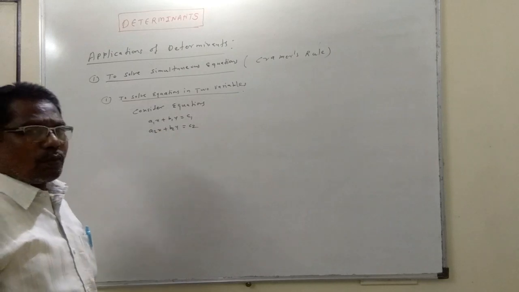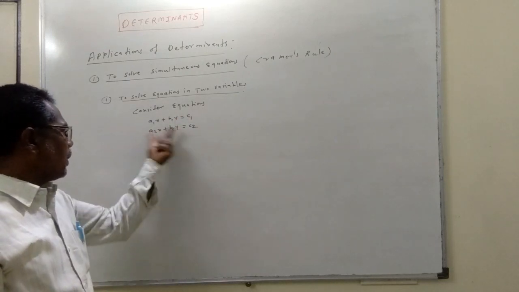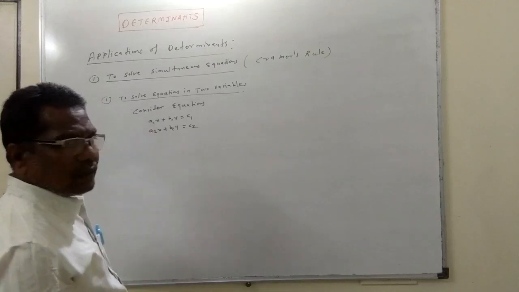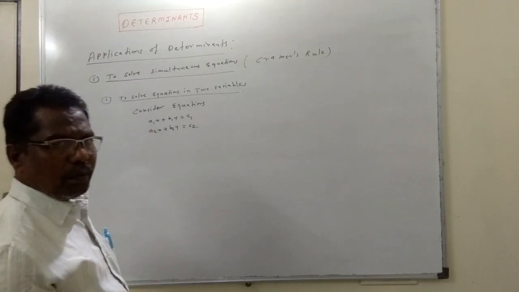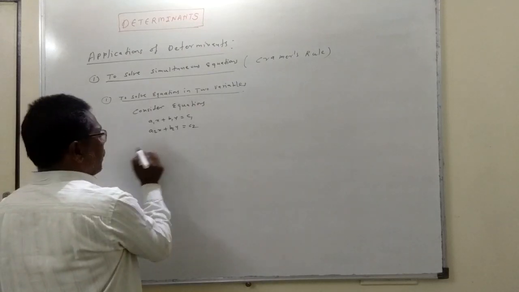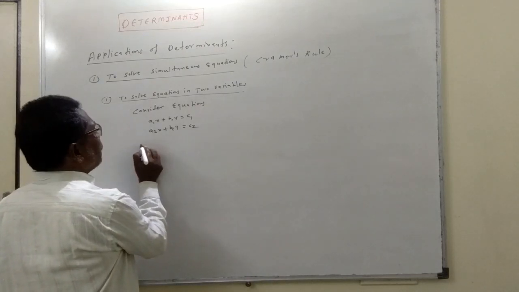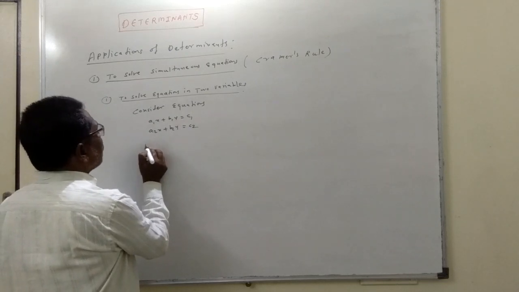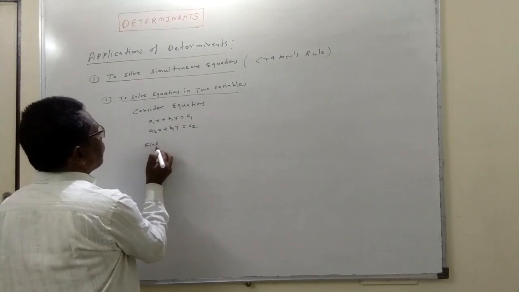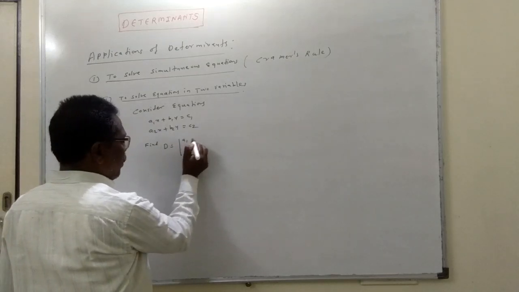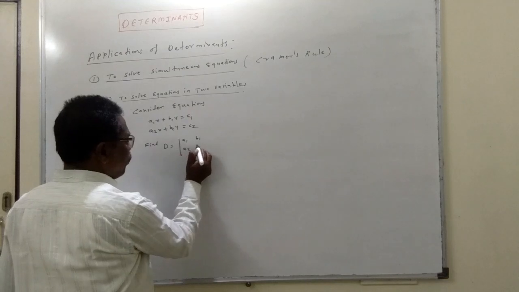Note the nature of the equation: the constants must be on the right side and the variables must be on the left side. So these are simultaneous equations, or in Marathi, एक सामायिक समीकरण. Now here we will find D is equal to the determinant of coefficients a1, b1, a2, b2.